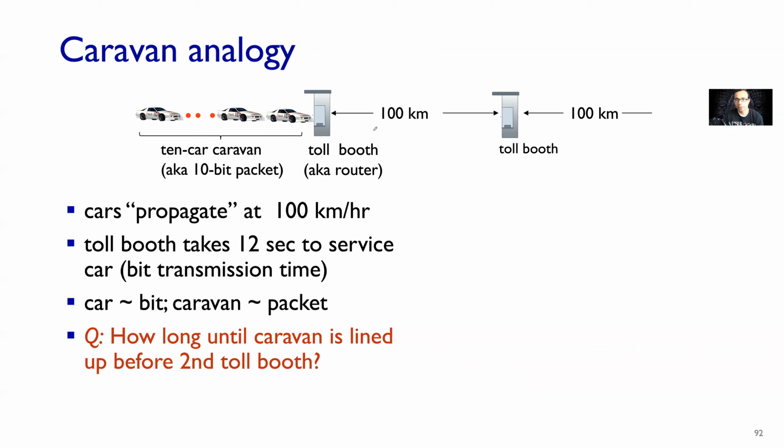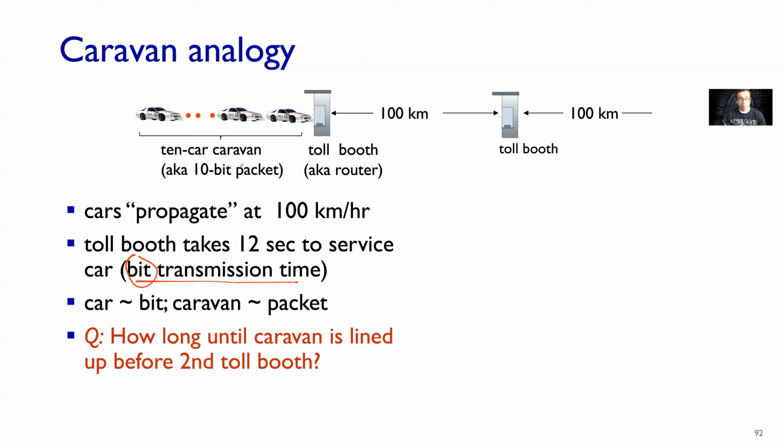The distance between the toll booths is 100 kilometers, and the toll booth takes 12 seconds to service a car. You could imagine that to be the transmission time of a bit. So a car is effectively a bit. The caravan is the packet, which is made up of 10 bits in this case.